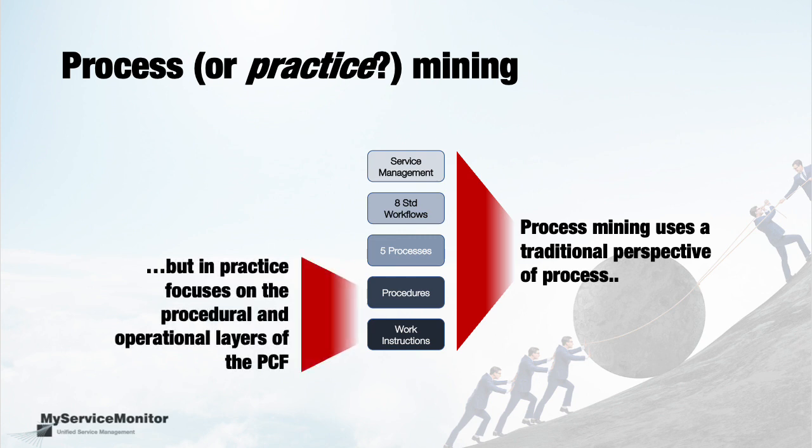But in practice, process mining primarily focuses on the procedural and operational layers of the process classification framework rather than the conceptual or strategic layers. And this is because process mining relies on event data captured during the execution of processes to analyze how work is actually performed within an organization.